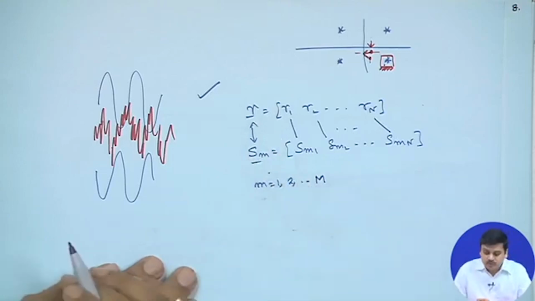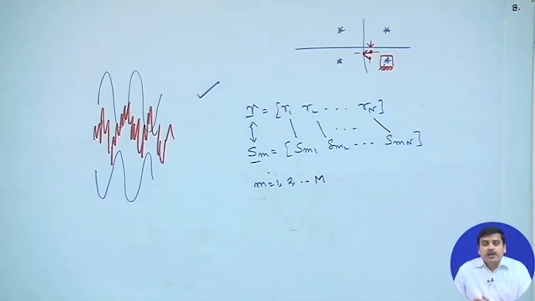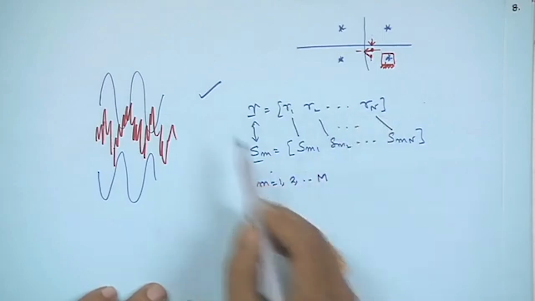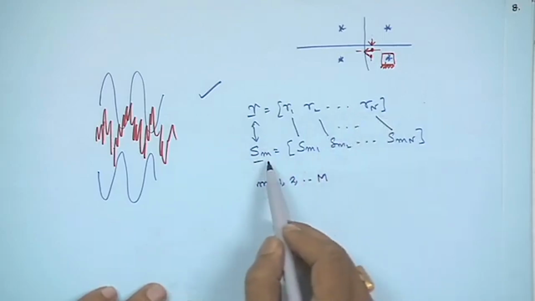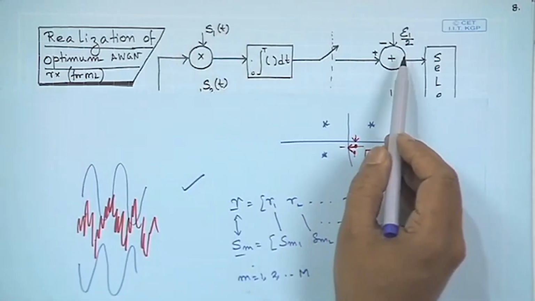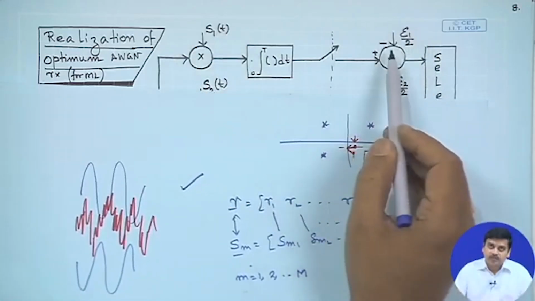That is one possible way, and then we looked further and saw that you do not need to calculate the length of the vector. When you are calculating the distance, you have the norm squared of the vector R, the norm squared of the mth signal Sm, and then there is a correlation component. Since the norm squared of R is common for all Sm, we took that out, and we saw that there is a correlation component and an energy component of the signal, which could also be looked at as the bias term.